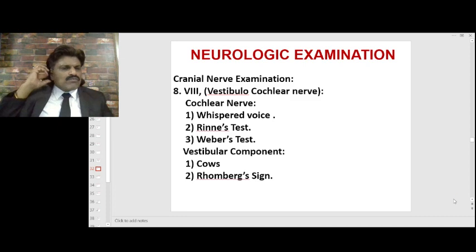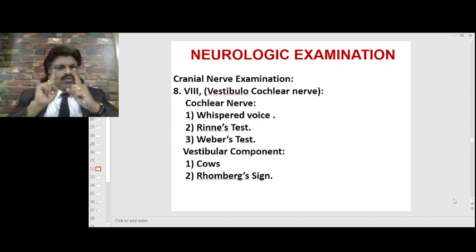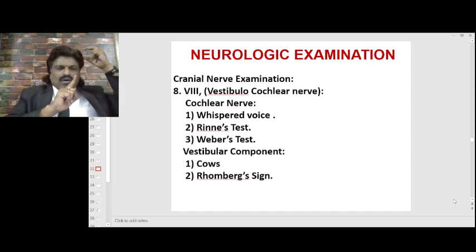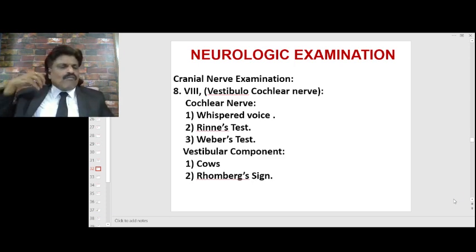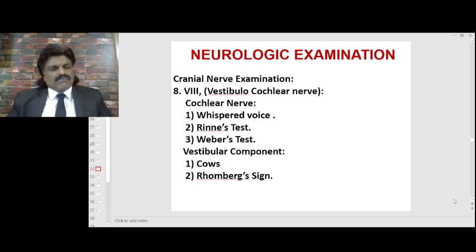So if my right vestibular component is stimulated by turning the head to the right or pouring warm water on the right side, my eyes will move to the opposite side because the opposite PPRF is stimulated. But the frontal eye fields will try to put the eyes back to their normal state, so there will be nystagmus. So when we put warm water, the eyes will go to the opposite side, but the nystagmus will be to the same side.